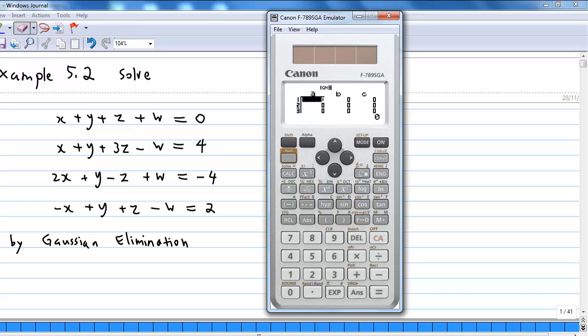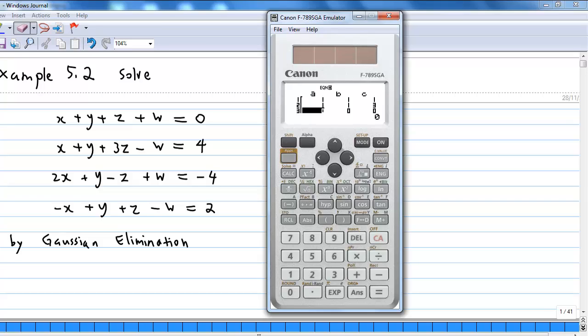Then you enter the coefficients, which are 1, 1, 1, 1, 0 for the first equation, and the second equation is 1, 1, 3, minus 1, 4.